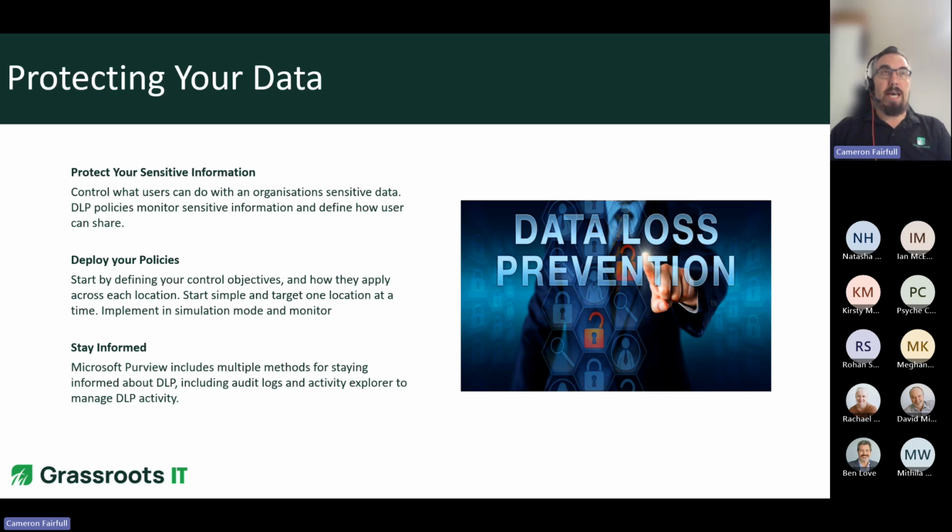The policy may be that it stops a user from being able to share it, or the policy may be that it requires justification for why the data needs to be shared and it needs to be approved. So there are a number of ways that you can actually protect the data when you are looking to share this information, and when you are configuring your actual policies.